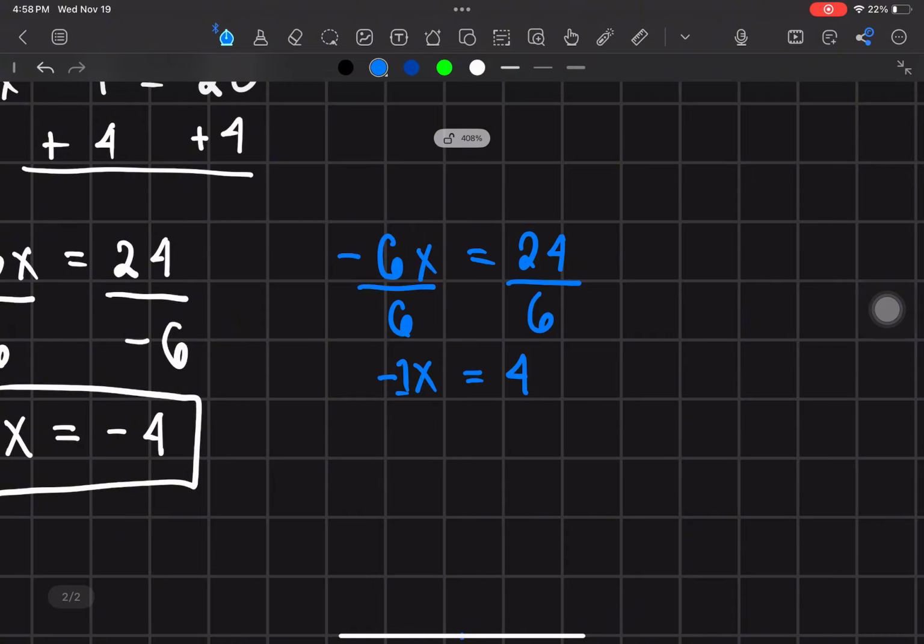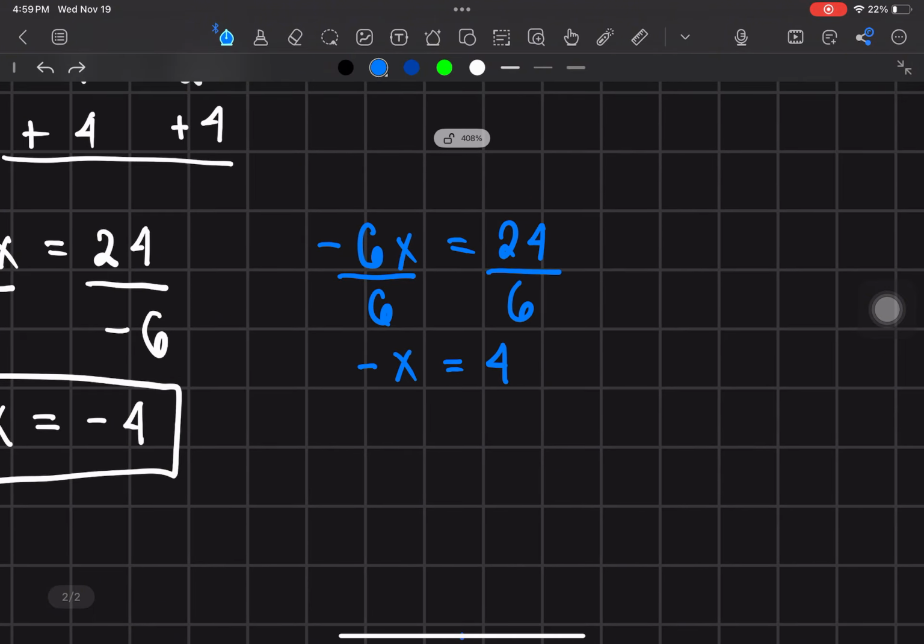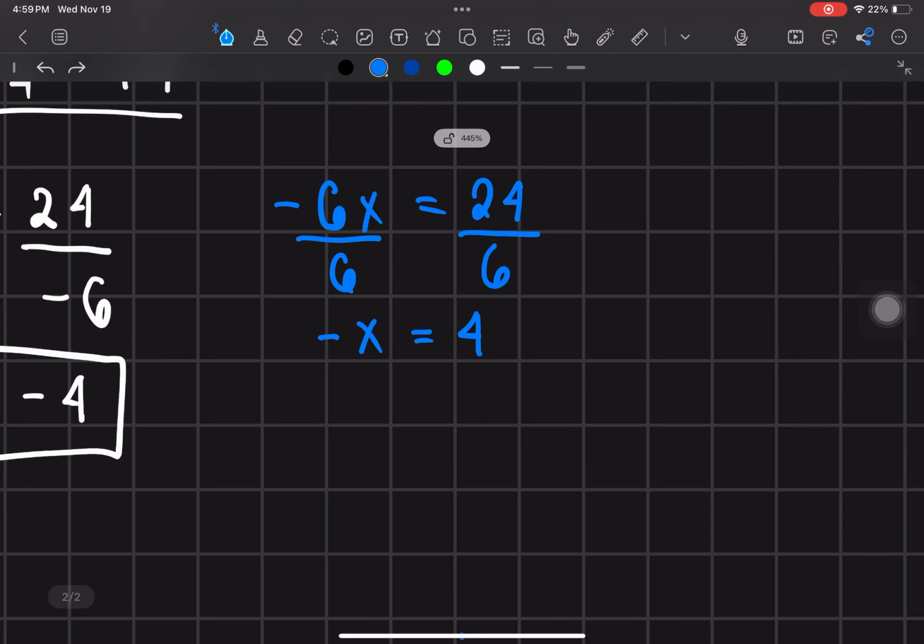Since x has a coefficient of negative 1, we can either multiply or divide both sides by negative 1. It's up to you really. You will still get the same answer. So let's say we divide both sides by negative 1. Remember that this is a coefficient of negative 1.